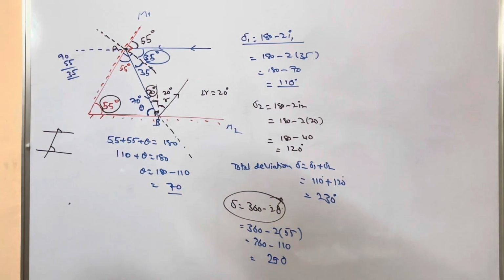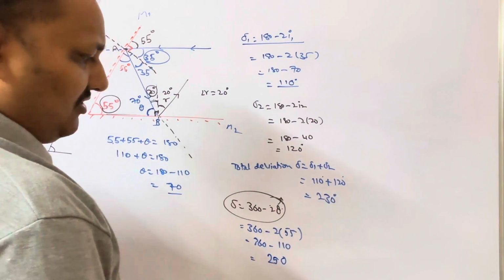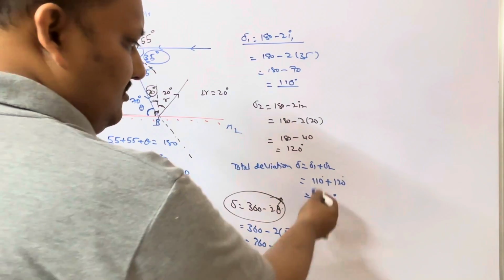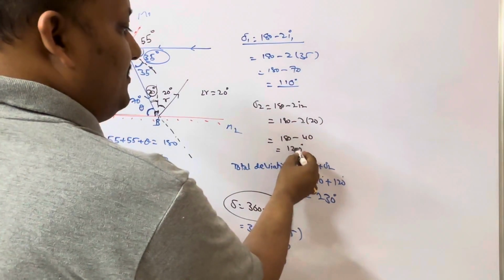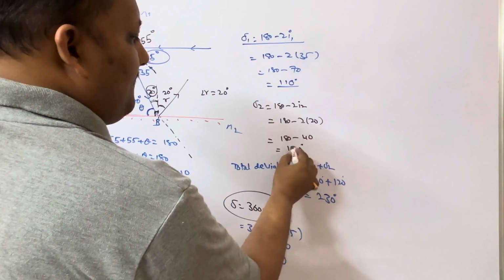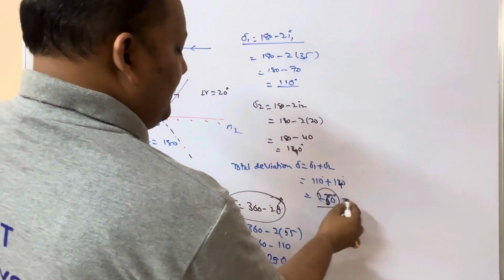See, somewhere we made a simple mistake. Once we can cross-check where we did. So 110, 120, correct? See here, this should be 140. So 140, this is going to be 250.